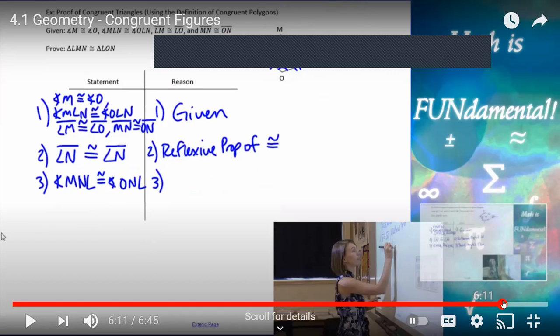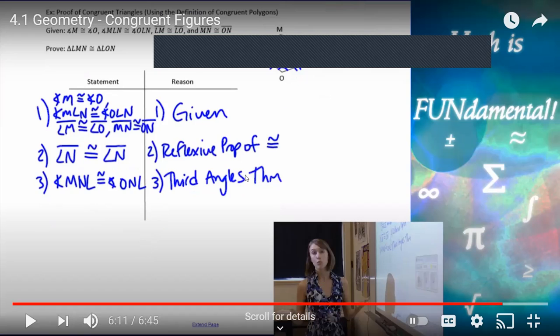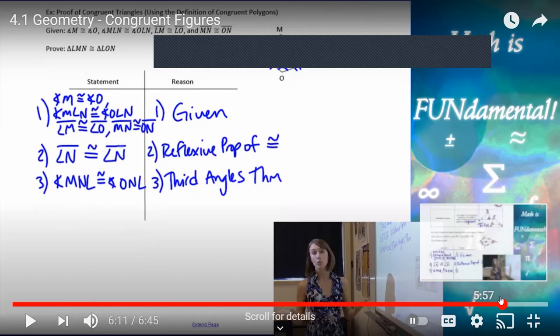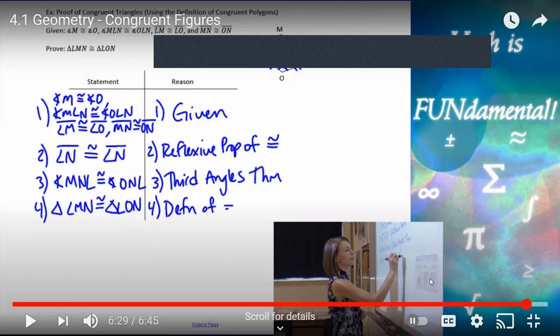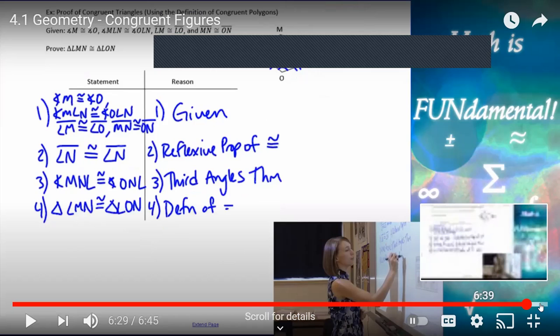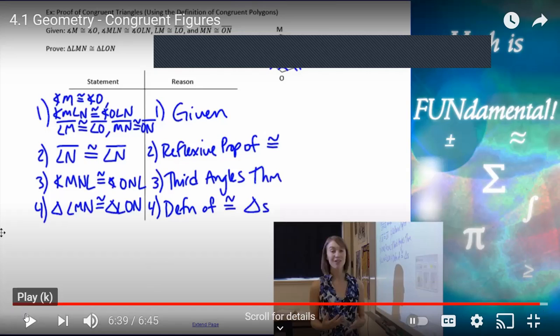Right? So if the two angles are congruent, then the third angle is congruent. By definition, the two triangles are congruent. So any question?